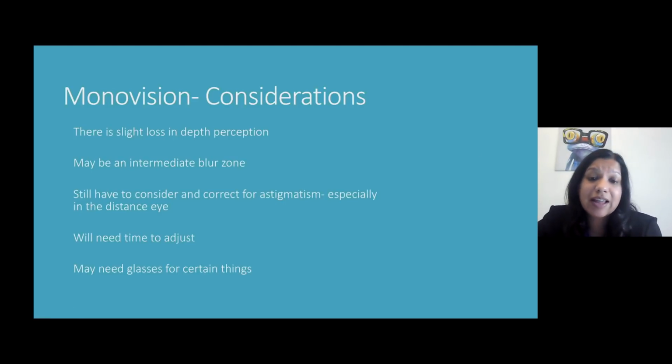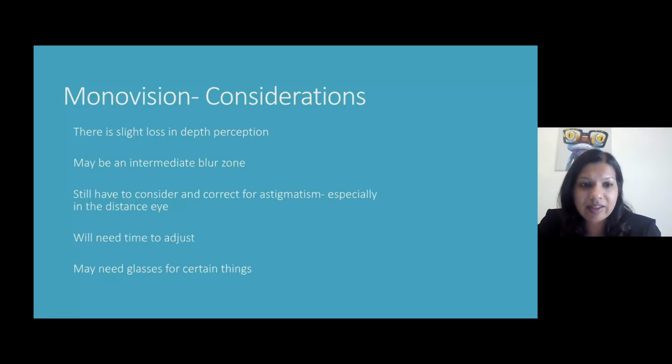With monovision, a lot of people have done monovision for years in contact lenses, and they're used to that difference in two eyes. So it's really easy to consider monovision for those of you who have already done it in contact lenses, or some people have it naturally.